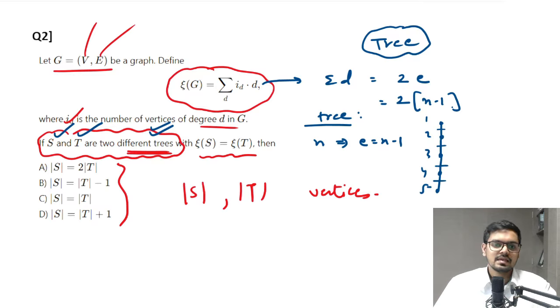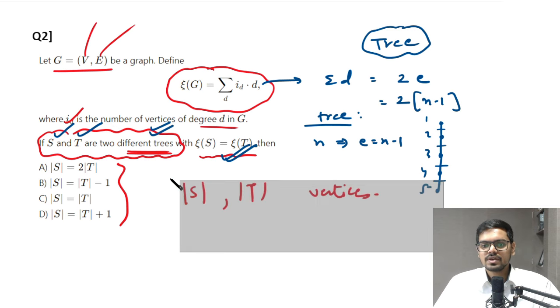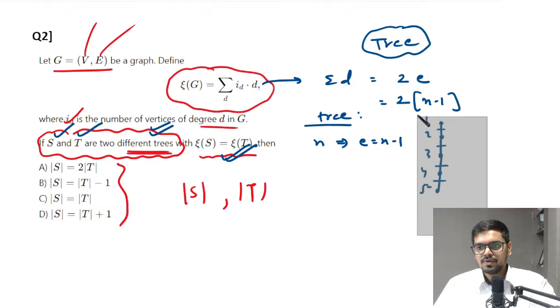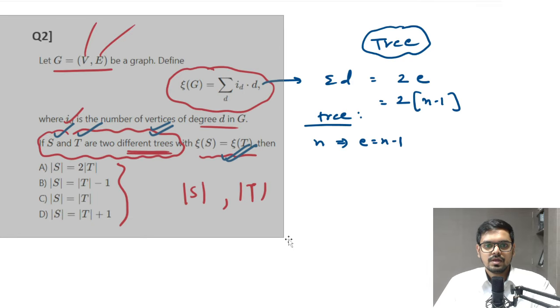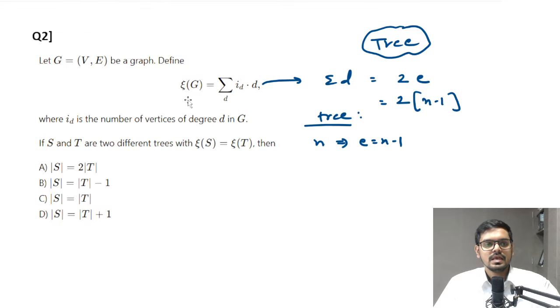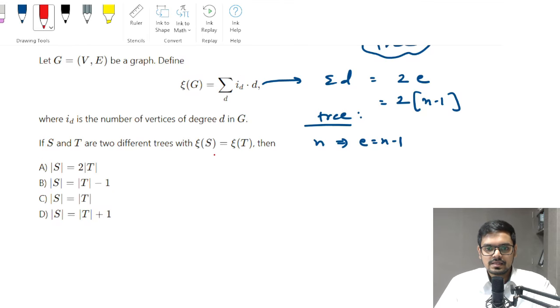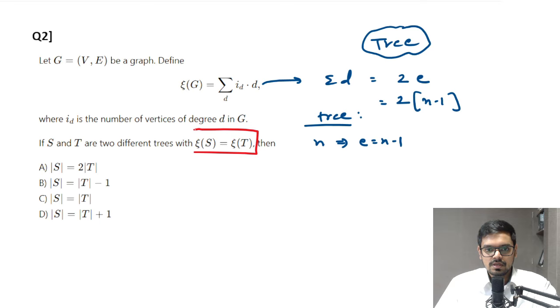Because both S and T are different trees. Now they are giving this condition. If this is the condition, then what is the relation in the number of vertices? We can solve here. See carefully.